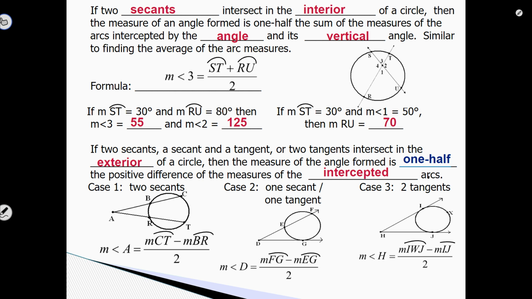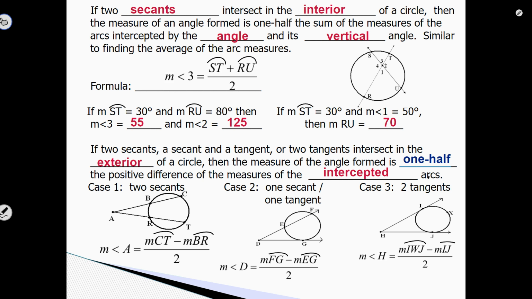So the way that would look is in this figure right here, case 1, this has two secant lines, right? Secant lines are the ones that touch the circle in two places. They do intersect at this exterior point A, so they follow the rule. It says that you would then get the positive difference of its intercepted arcs.